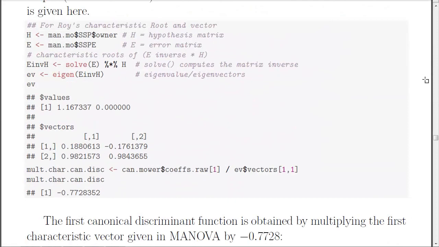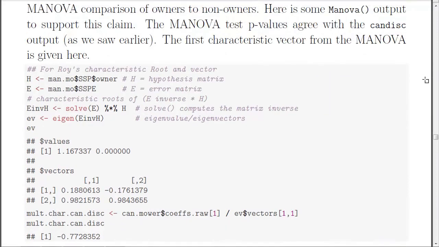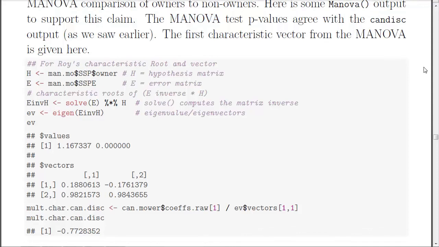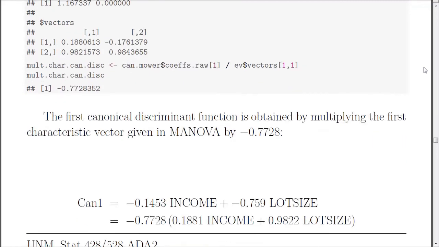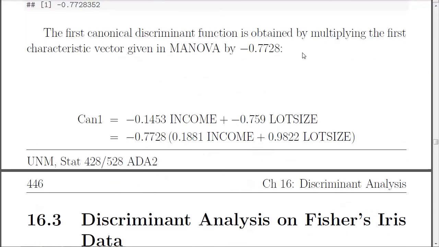The point is effectively that Roy's characteristic root gives basically the same direction from the MANOVA test as the direction that we get from the canonical discriminant function. The only thing is a scaling factor, which is not interesting. So here's the canonical values that we saw before.